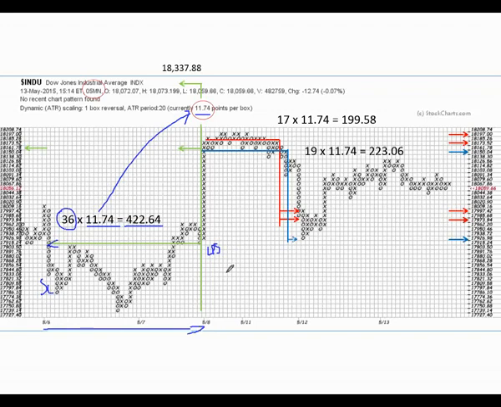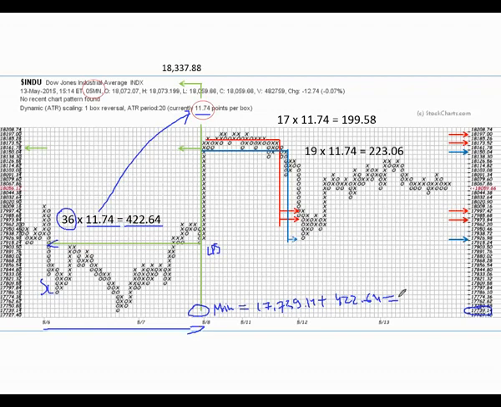Note that taking the count from the low at 17,739, it gives us a count of 18,161.78, and an upside count from the count line gives us a count of 18,337.88. Interestingly, we're pretty close to that level now. So this base accumulation phase may very well be counting up to the count that we're achieving here recently.